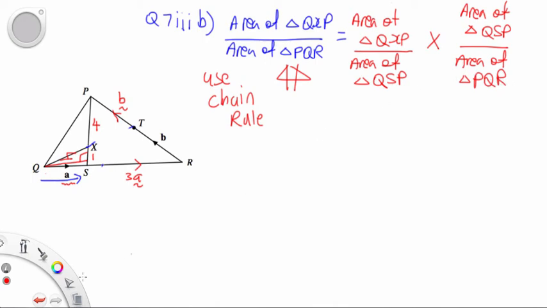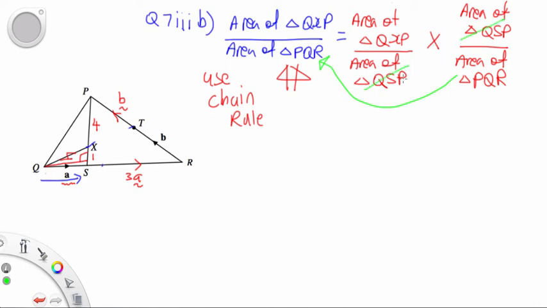Now if you look carefully, how do I know this is the ratio needed? The denominator will be what the question wants in the denominator. Also, if you multiply these two together, the QSP and QSP can be cancelled off.